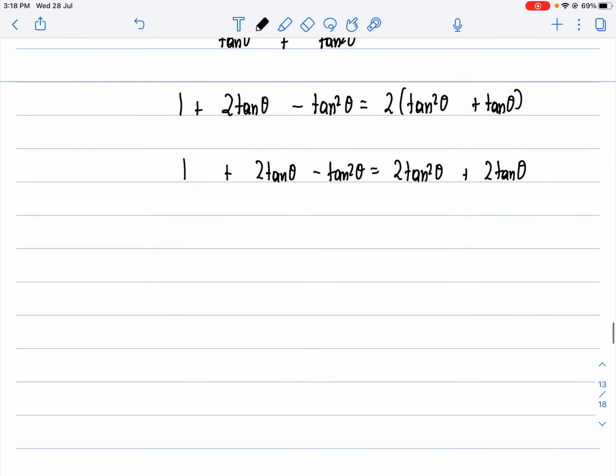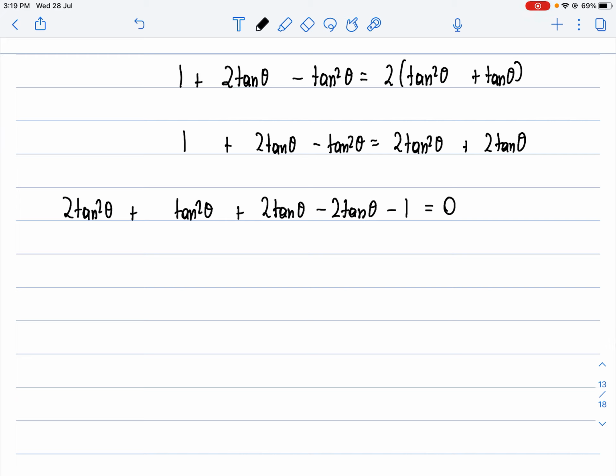Now I can get everything to one side and write this as 2 tan square theta plus tan square theta plus 2 tan theta minus 2 tan theta, minus 1, because you're taking 1 to the other side. So I get minus 1 is equal to 0, correct?